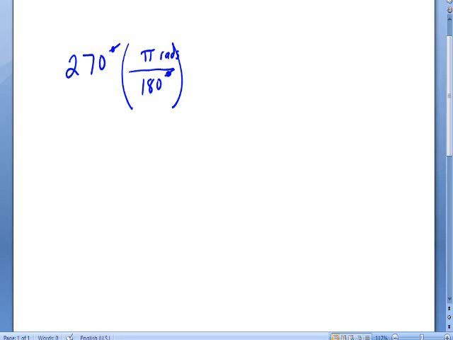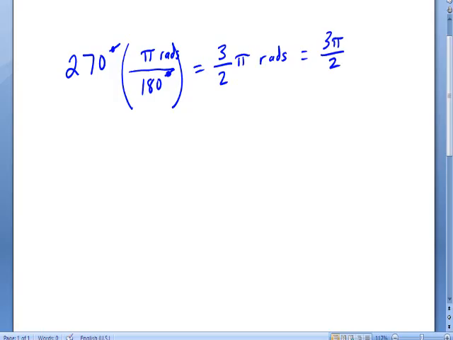Okay, if I take 270 divided by 180, that is 3/2. And so one of the ways the answer could be written is 3/2 times pi, or 1.5 times pi, or a lot of times you'll see it written in this type of a fraction, 3 pi over 2.